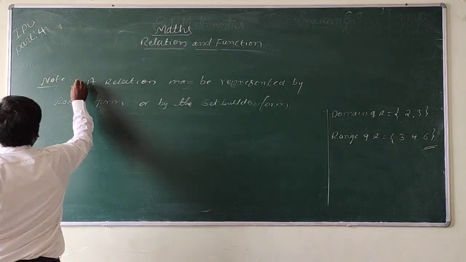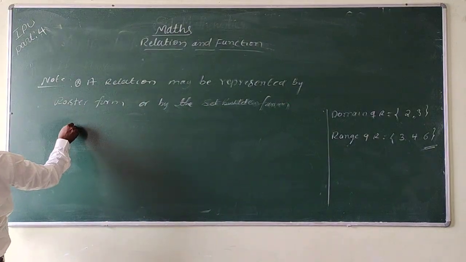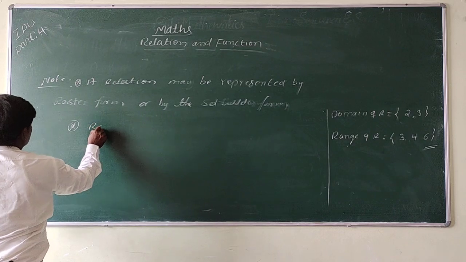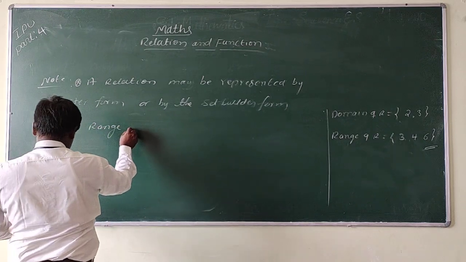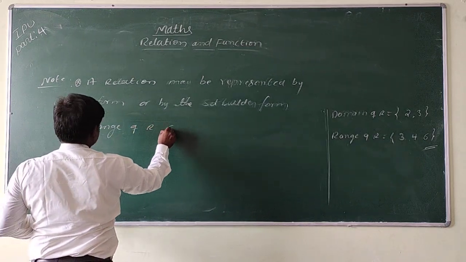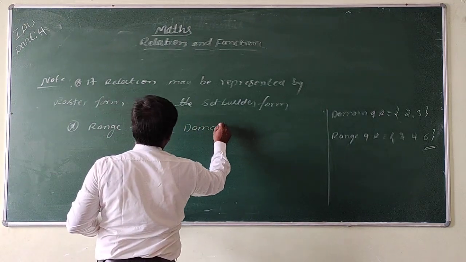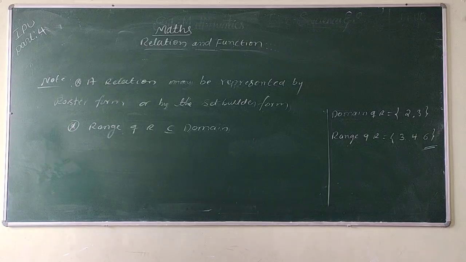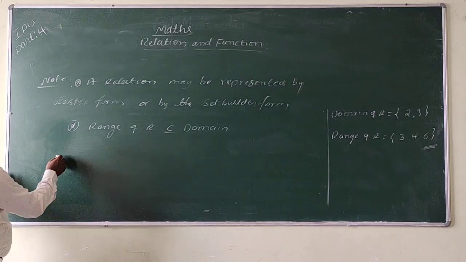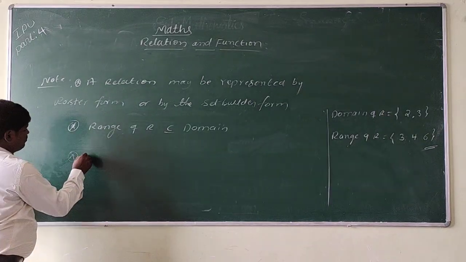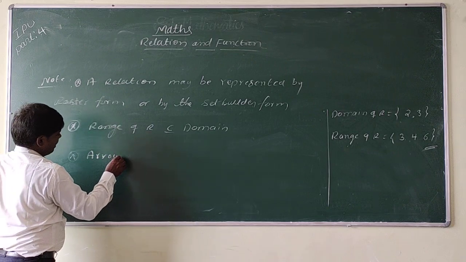That is the first one, and the second one is that the range of R is a subset of the codomain. And one more is the arrow diagram.